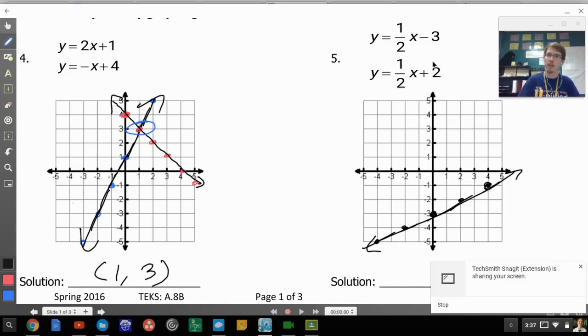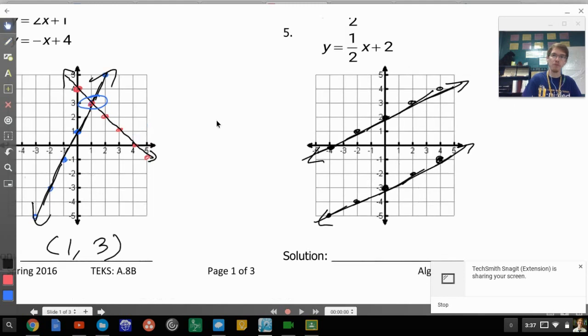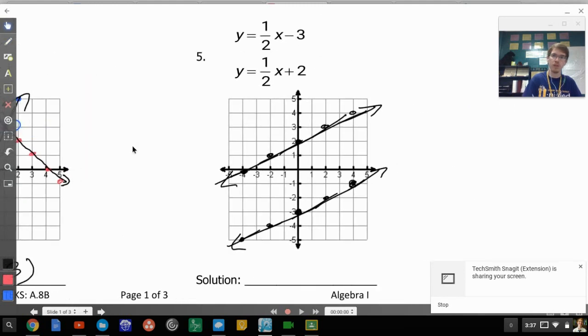Next, 1/2x plus 2. Now, if you have those two side by side, you notice something kind of strange. They don't intersect. There is not a point they have in common. So that would be, for us, no solution.